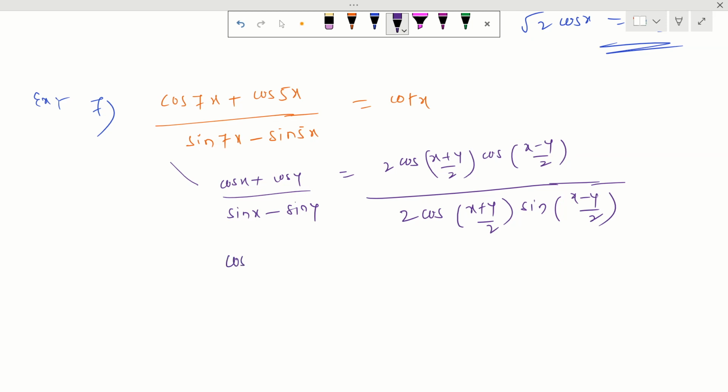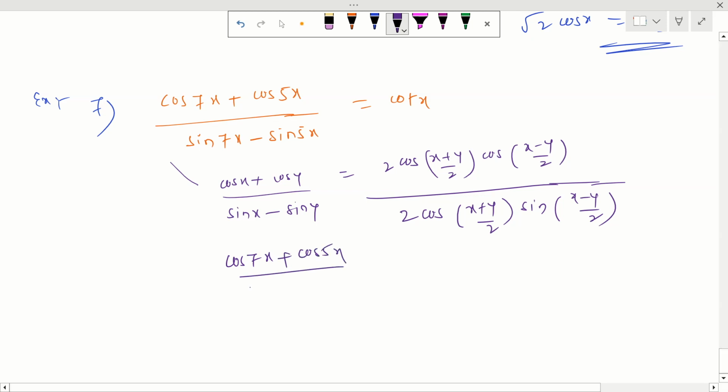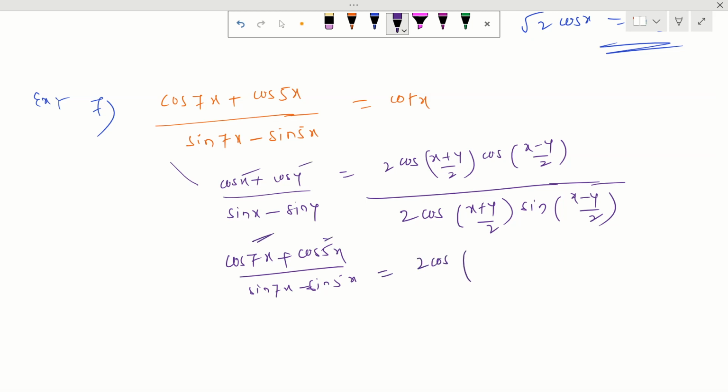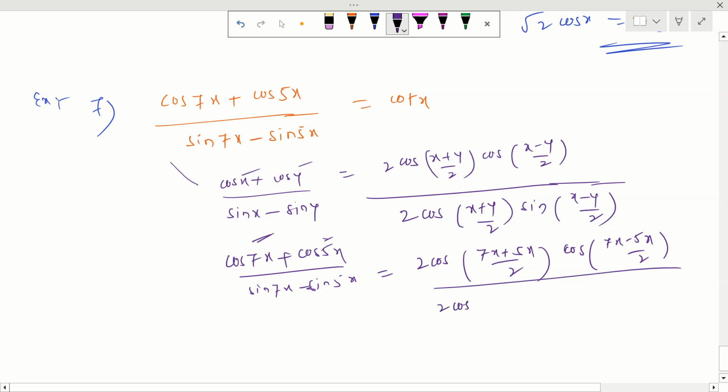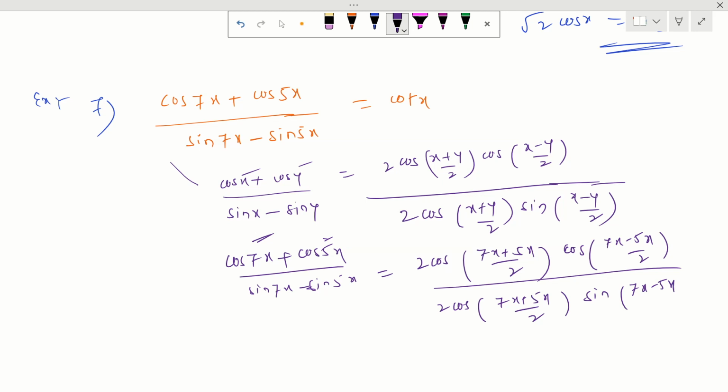So now we can write cos 7x plus cos 5x over sin 7x minus sin 5x. Here the x value is 7x and the y value is 5x. We put these values: the numerator is 2 cos of (7x plus 5x) by 2 and cos of (7x minus 5x) by 2, and the denominator is 2 cos of (7x plus 5x) by 2 and sin of (7x minus 5x) by 2.